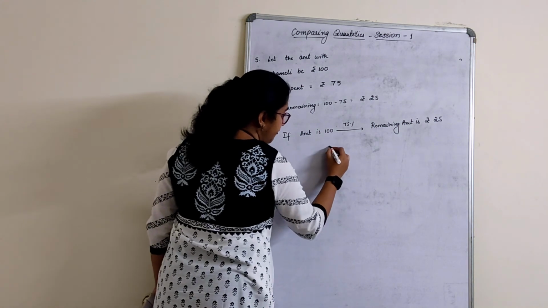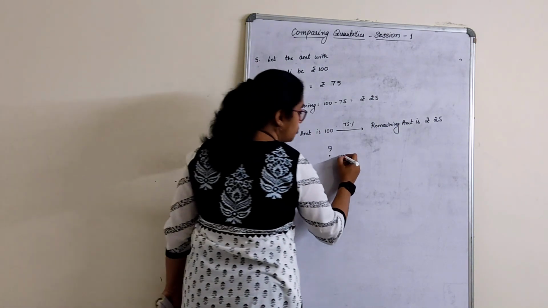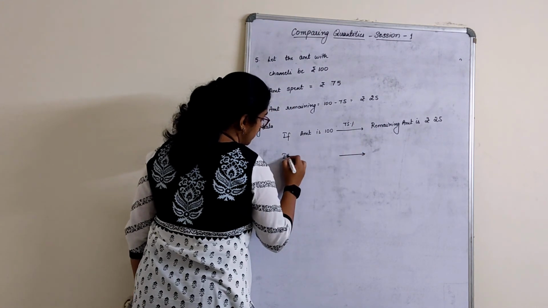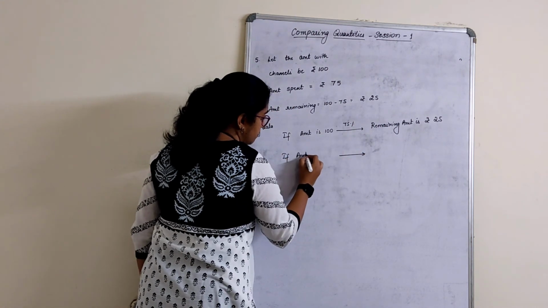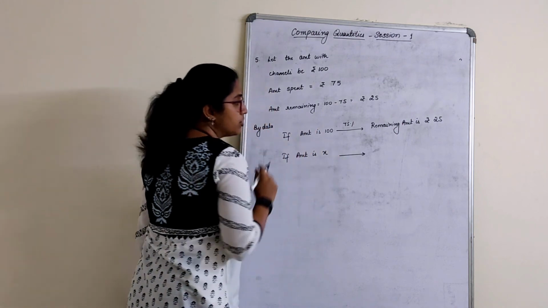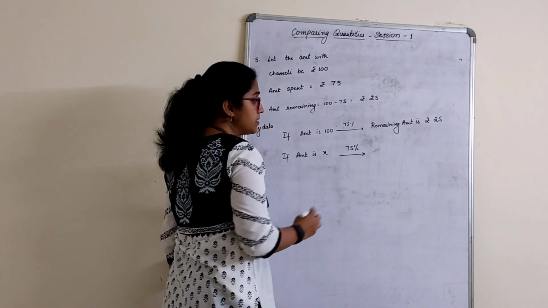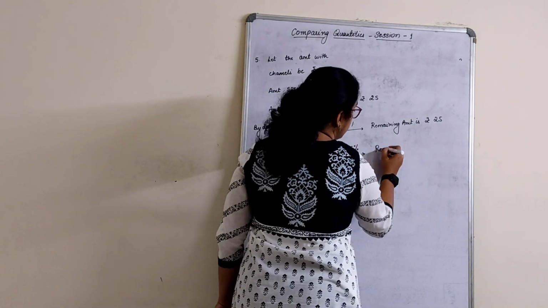Okay. If amount is unknown to you and you find, if amount is X, we don't know the amount, and from this X amount you spend 75%, what is the remaining?